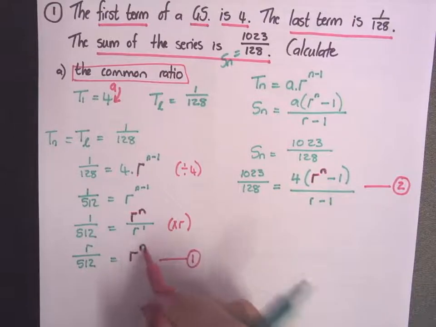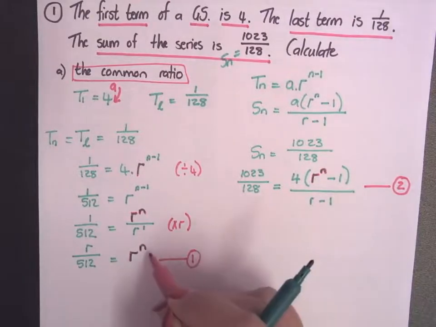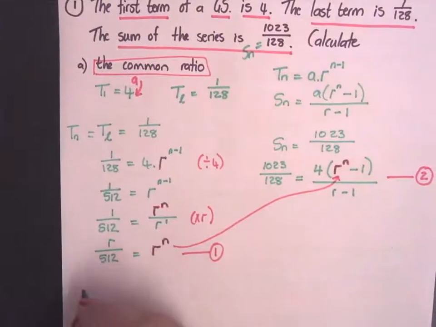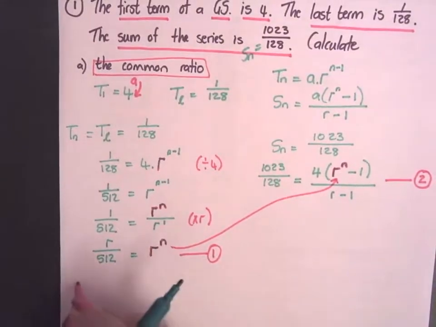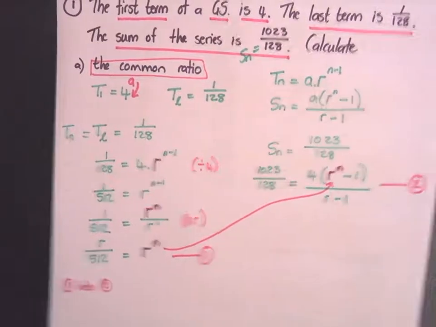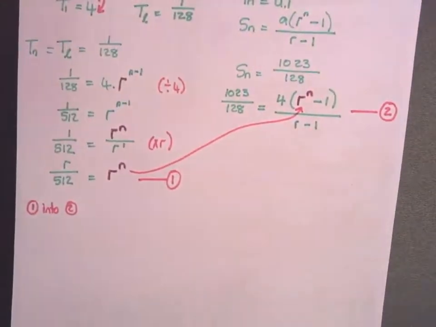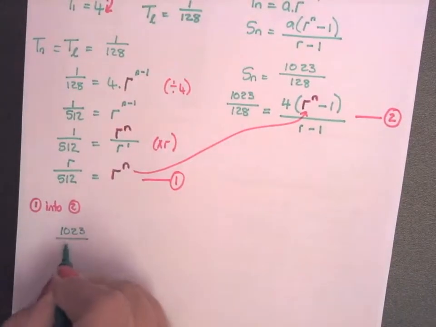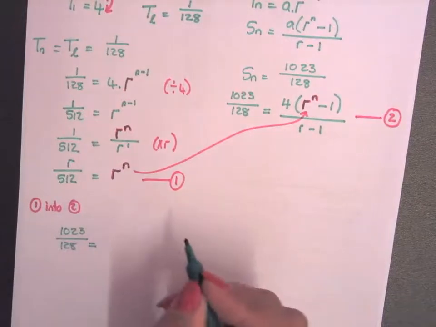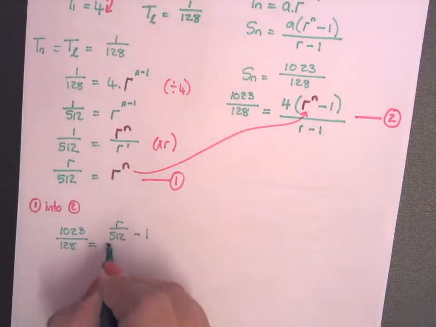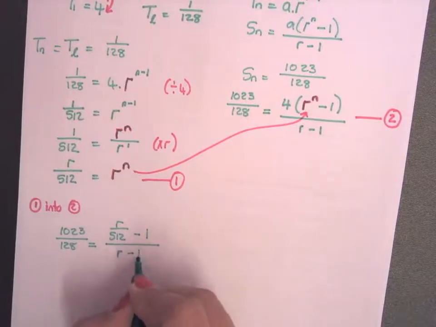I have r to the power of n alone, so I'm going to substitute that into 2. So let's do number 1 into 2. 1023 over 128 will be equal to r over 512 minus 1 over r minus 1.